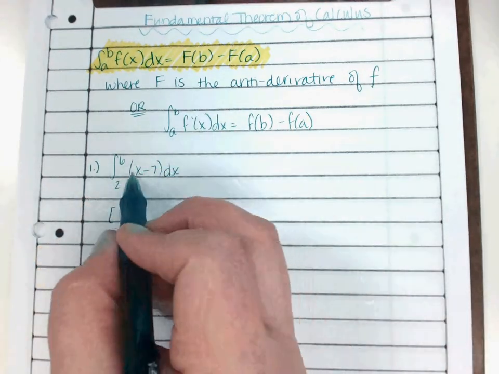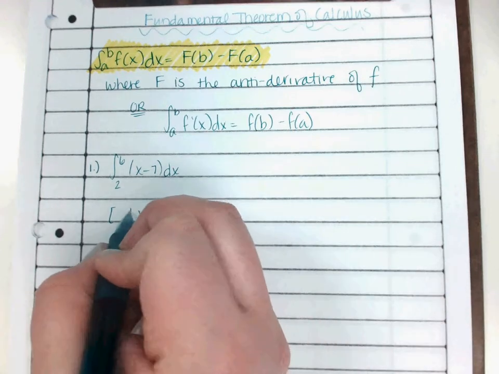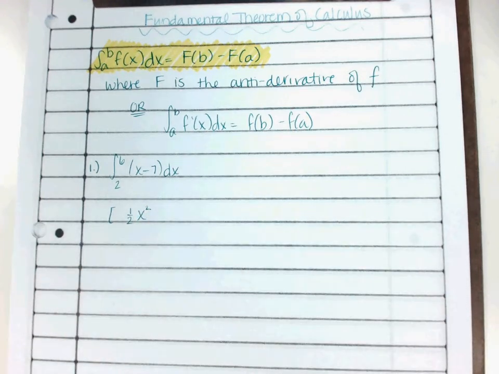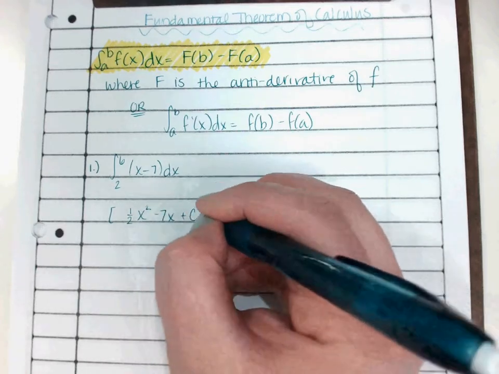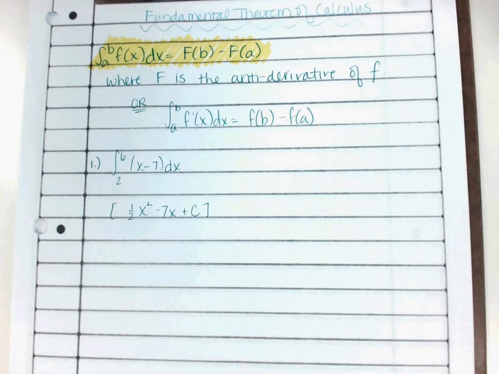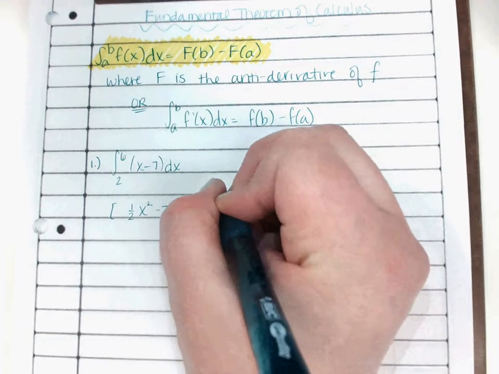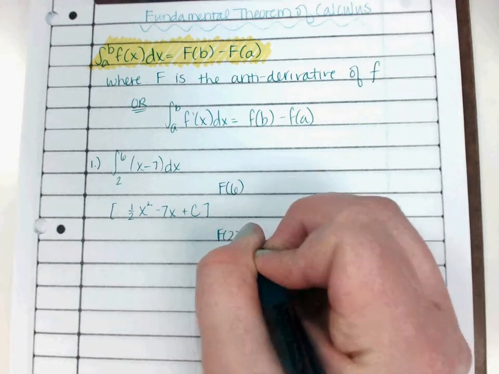I increase it to be x squared, then I divide by 2, I get a 1/2. Antiderivative of minus 7 is minus 7x plus c. Then the notation that you typically will do is you will find capital F of 6 and capital F of 2 just here on the side.